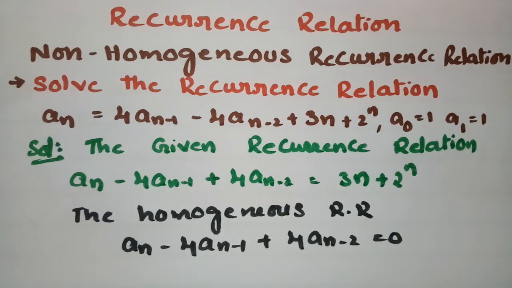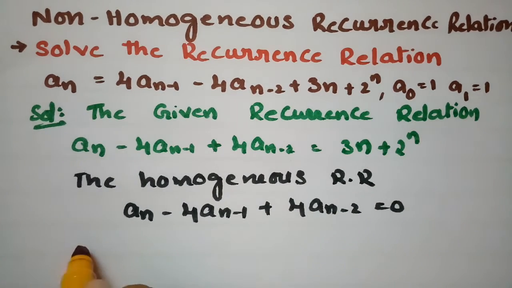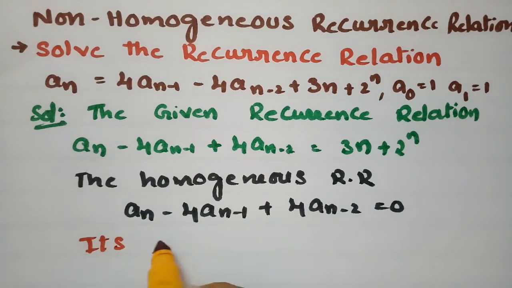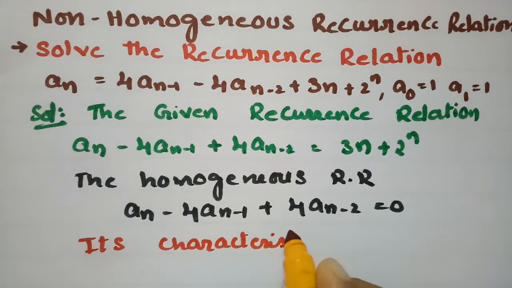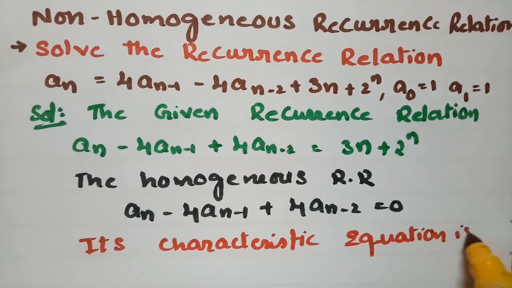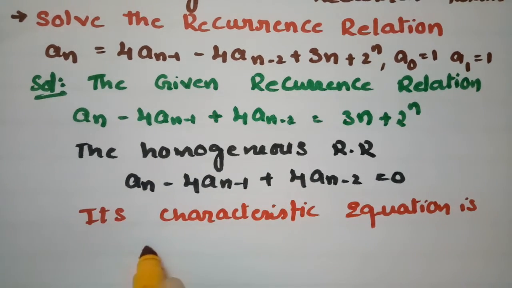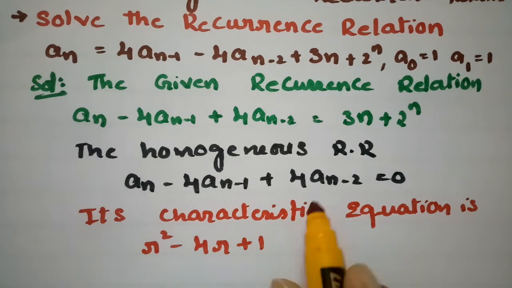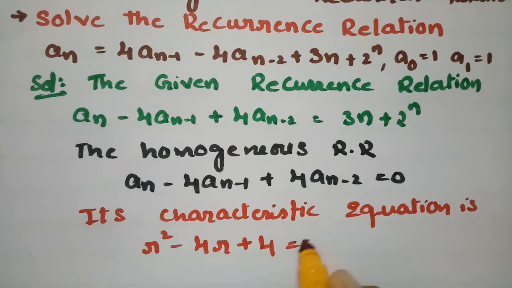Now I am going to write its characteristic equation. This is of order 2, so we can write it as r^2 - 4r + 4 = 0.